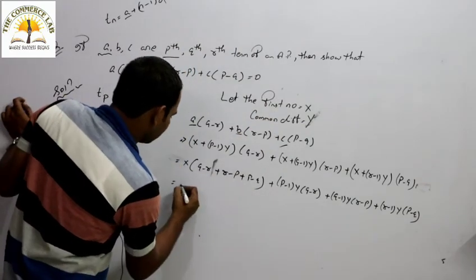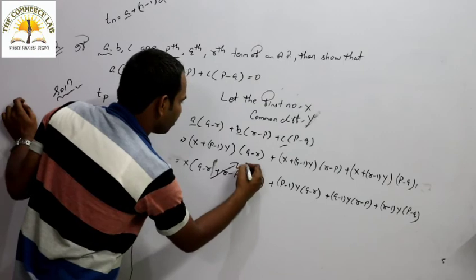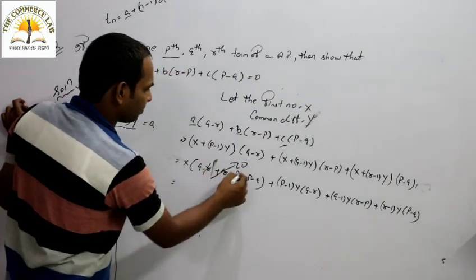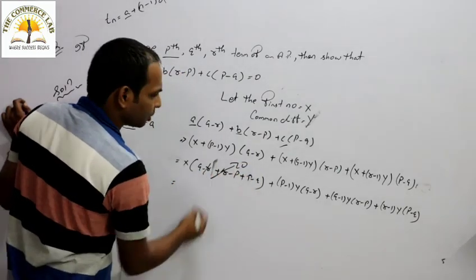Then the value of this one is your 0, because r cancel, p cancel, q cancel, then x into 0 is 0.